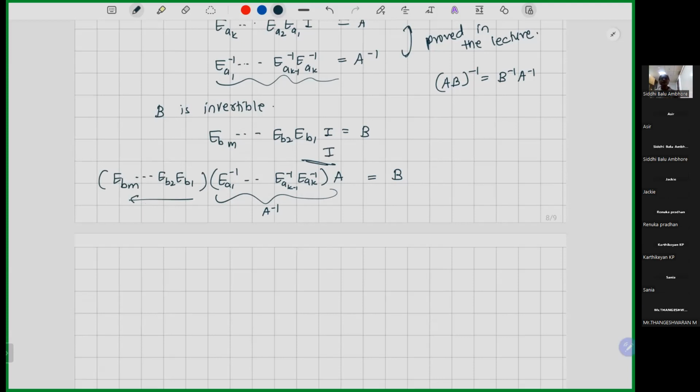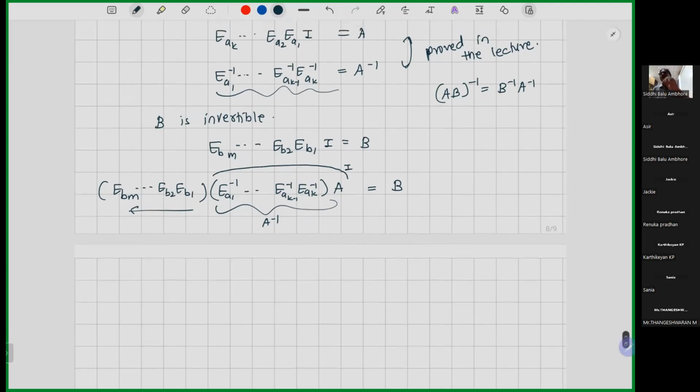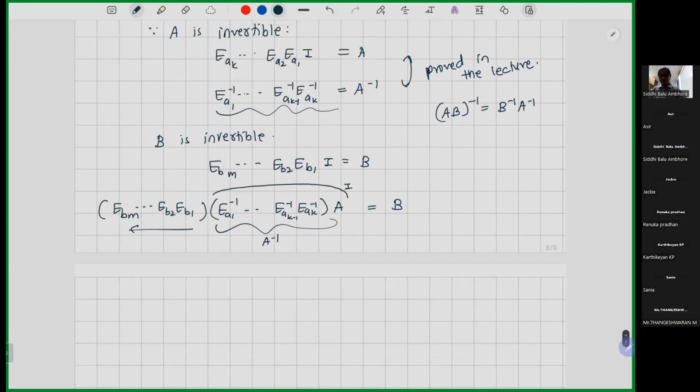Is it okay now? This A into A inverse is identity. So this is identity. Is it clear? Any doubts, or do I need to repeat this?